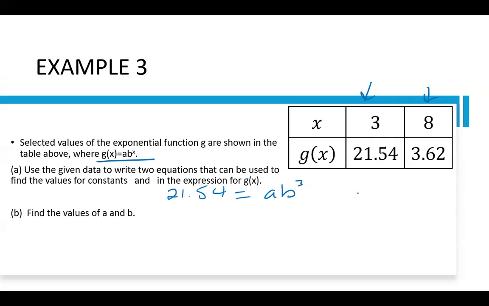Your second equation should be 3.62 equals A times B to the 8. Did you at least get those? Yes. Did anyone challenge themselves to try to solve it algebraically?